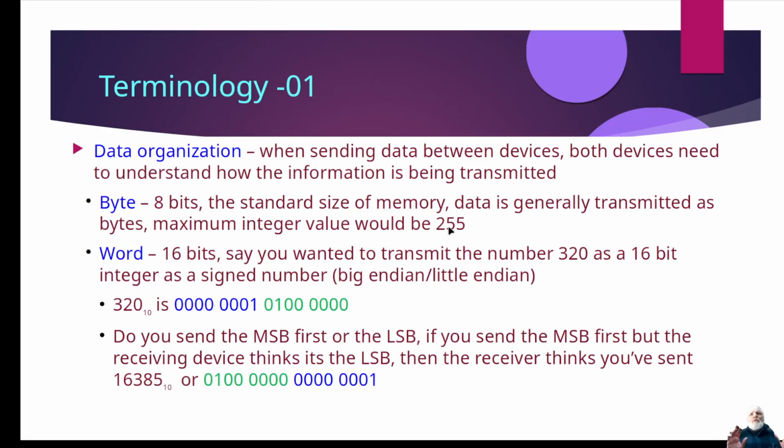If we're just sending 1 bit, we already looked at that in the previous class, right? We were just trying to turn something on or off. That was just 1 bit, and so that's pretty simple. But when you want to group more bits together to send the data, we group those into what's called a byte.